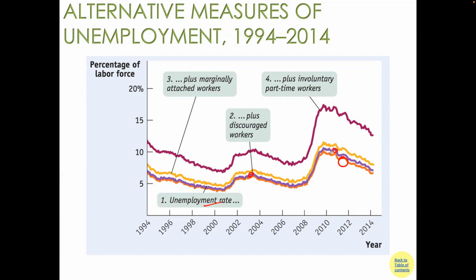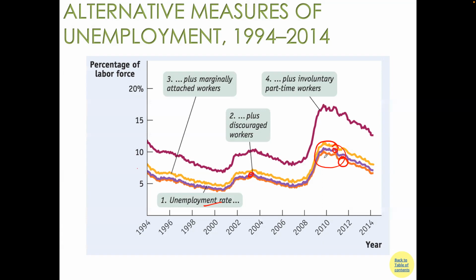Right? And the gap actually gets bigger when the recession is deep. So from this time period, 1994 to 2014, there's one episode of recession that is pretty deep, which is the financial crisis. We call it the Great Recession. And you can see the gap is pretty large.